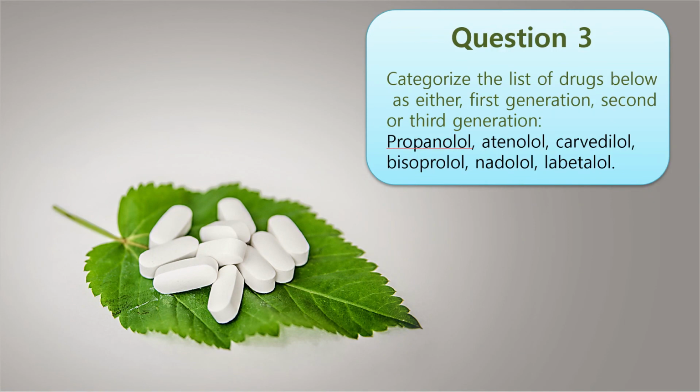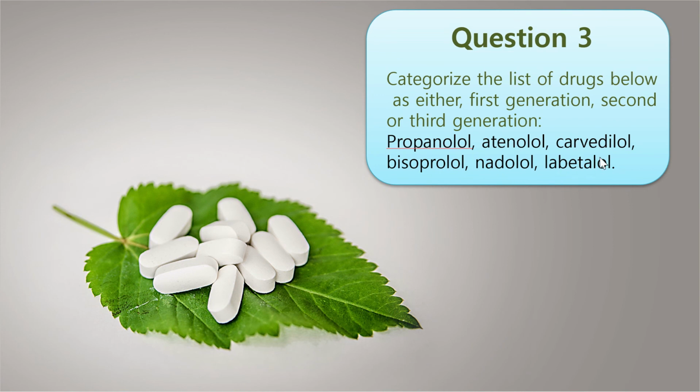All right, so our final set of questions for this lecture is here. Question 3 says, categorize the list of drugs below as either first generation, second, or third generation. So we have propranolol, atenolol, carvedilol, bisoprolol, nadolol, and labetalol.